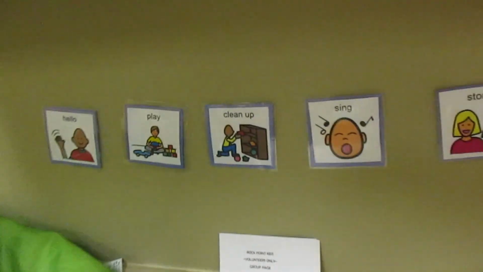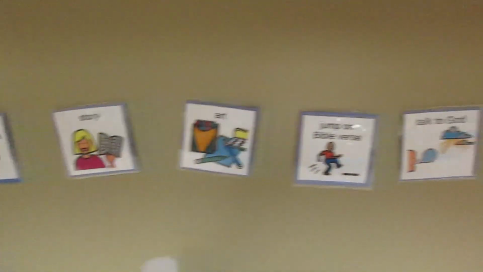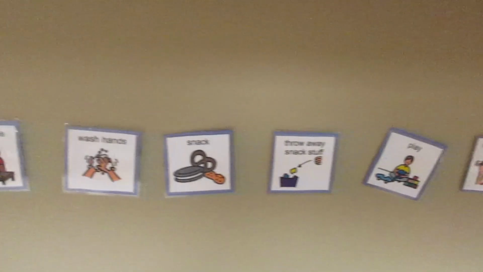So first of all, my students are going to come in and we're going to say hello. And then we're going to play. So I'm going to put these, I have sticky putty on the back because these were on the wall. Hello, play. Then when playtime is done, clean up.